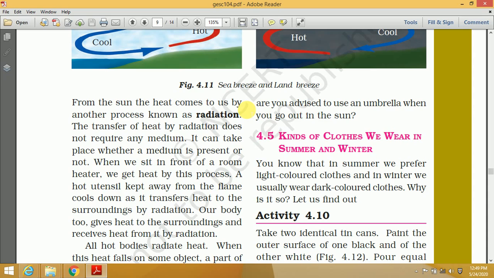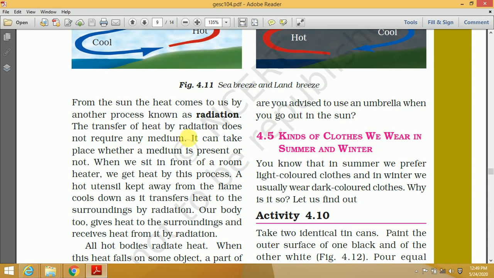There is no water or air between the sun and land. No doubt air is there around the earth, but it does not extend up to the sun. It is only a few kilometers. So there is vacuum between the sun and the earth. So the heat of the sun reaches the land by the third method of transfer of heat, that is radiation.